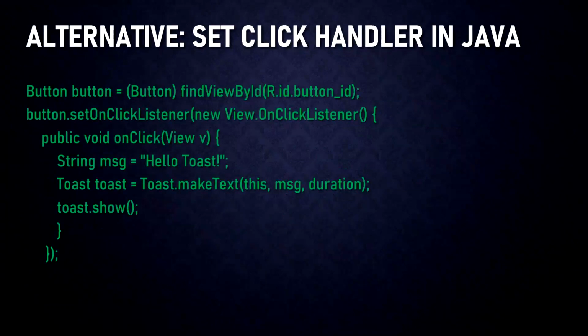Also, it's possible to set an event handler using Java code. If you want to do so, you can create an object of your view. Here we are creating a Button, an object of the button view. Once we create it, we access that specific view by using findViewById, so we need the ID to access that view.